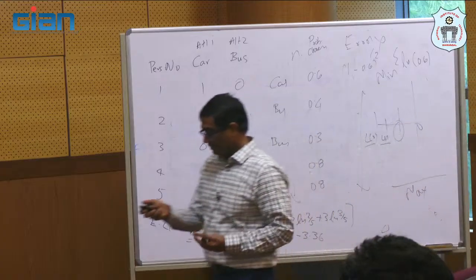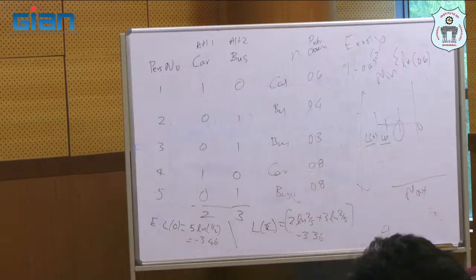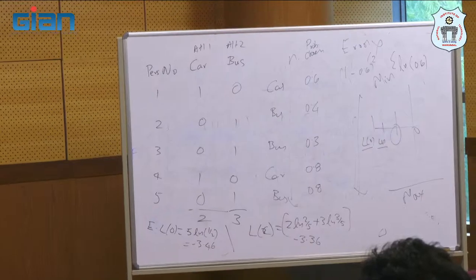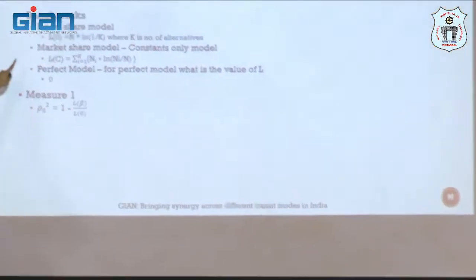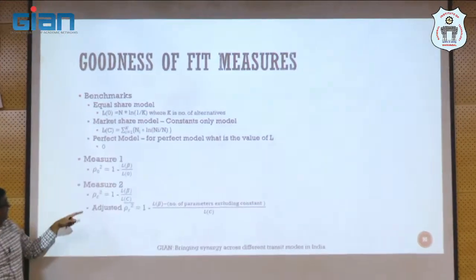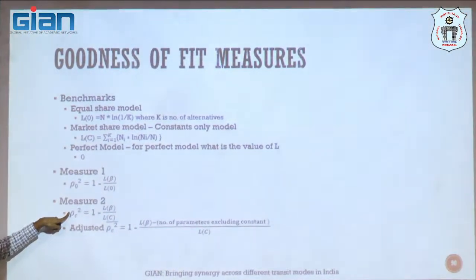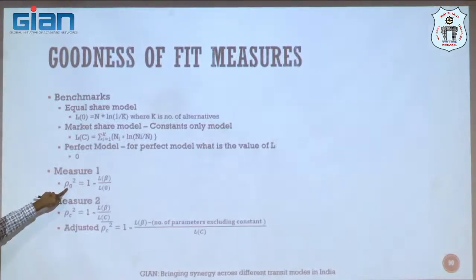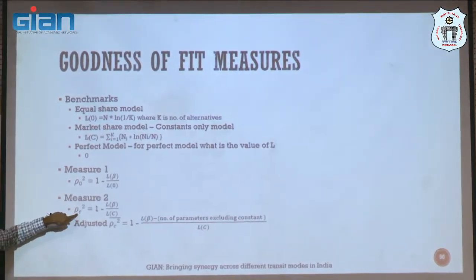Okay, so now once we know this, these are the different measures that we can use. Rho naught square is computed as L of beta, what you get from your model with independent variables, and L of 0, what we are computing. Similarly, there is rho c square. So this is comparing with equal shares. This is comparing with market shares.